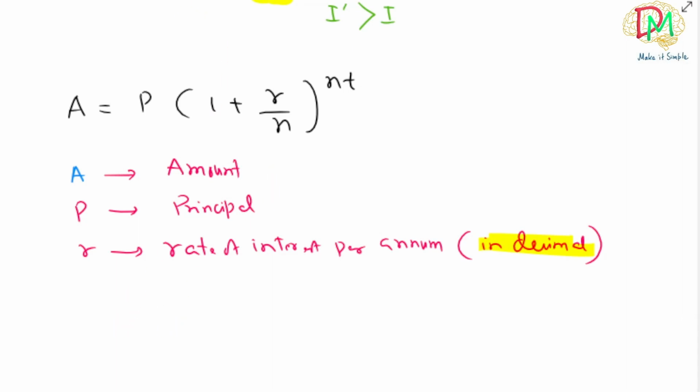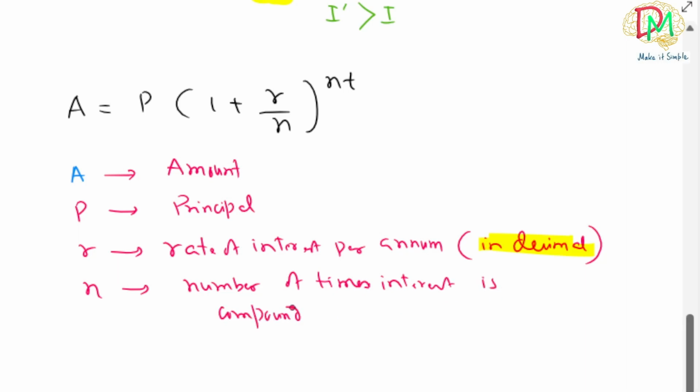And next is n, where n is the number of times interest is compounded per year, and t is the time in years.